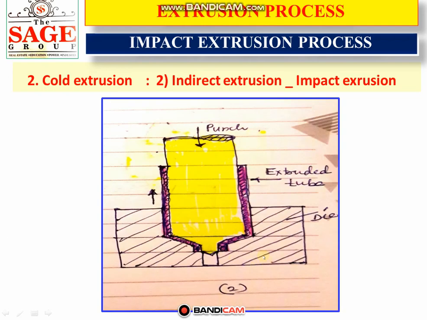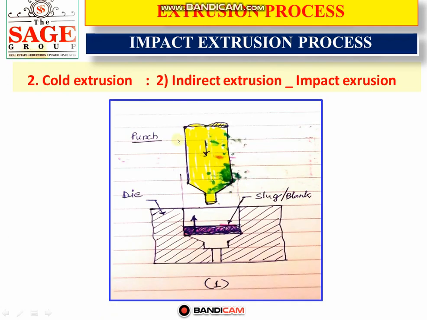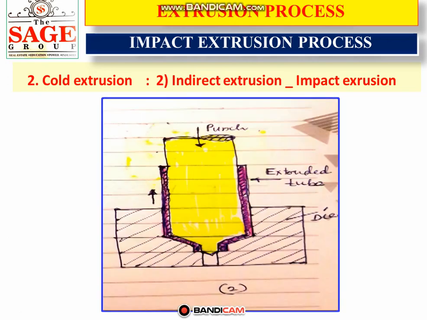And this is the second diagram which shows the process. When the punch moves in the downward direction, it strikes the slug or blank.